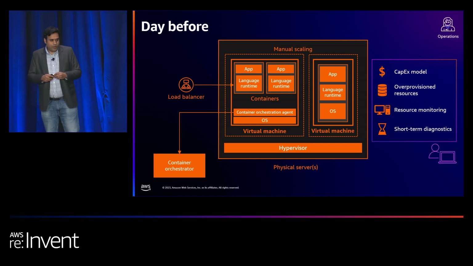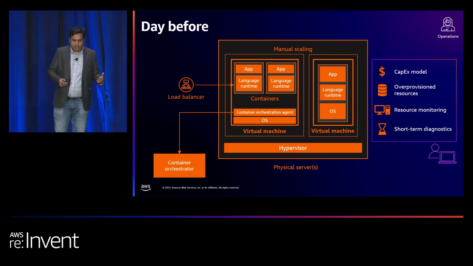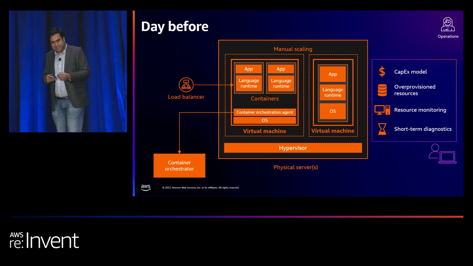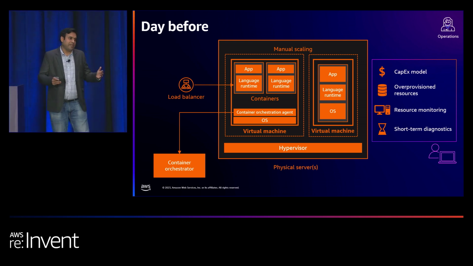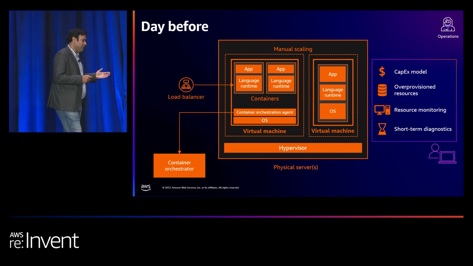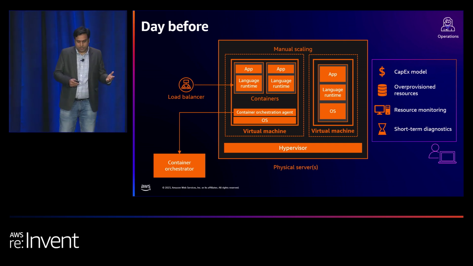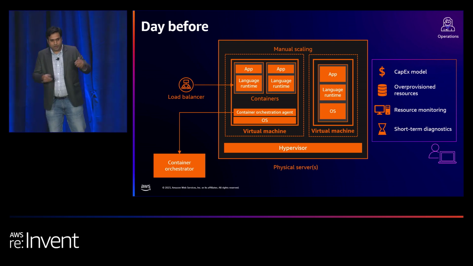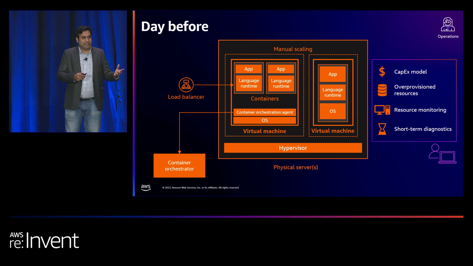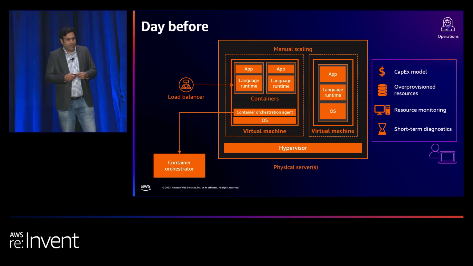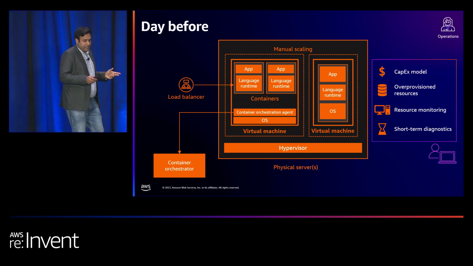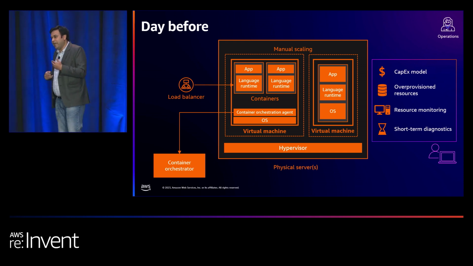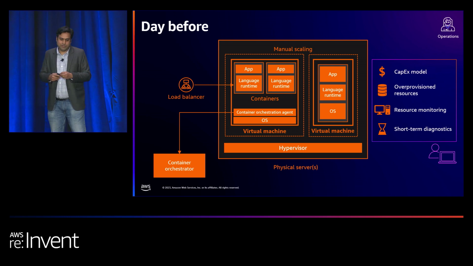And also, you have to build a complex resource monitoring system to monitor the resources that you have deployed in your infrastructure. It can be very complex because if you have a legacy application system, then you have to maintain different monitoring systems as an operations person. And you also have to do a lot of firefighting in terms of short-term diagnostics of your applications.